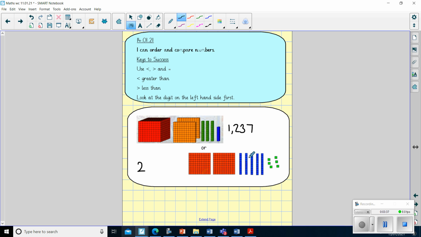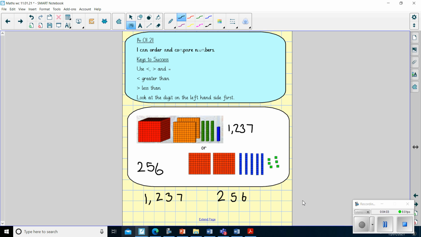Here I've got 200s, 10, 20, 30, 40, 50. I've got 5 10s and 2, 4, 6 1s. So I've got to decide whether or not 1,237 is greater than 256.